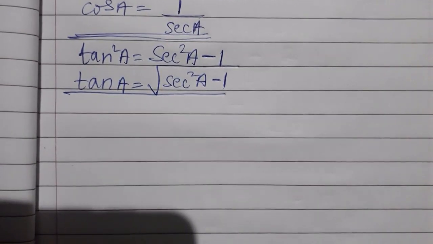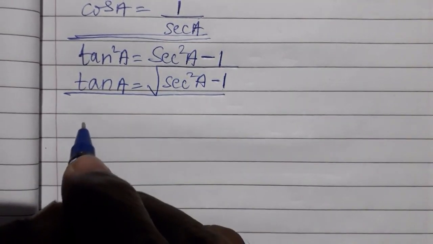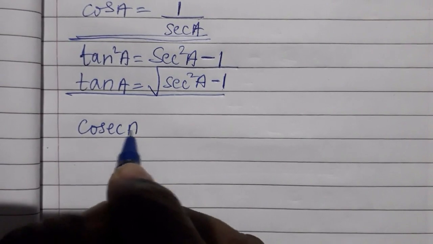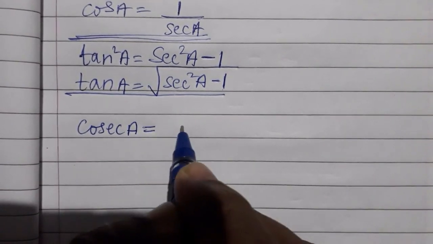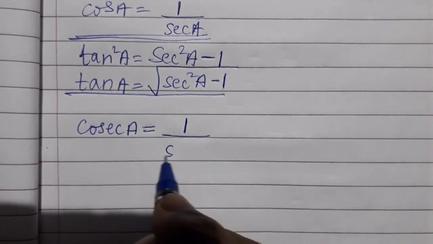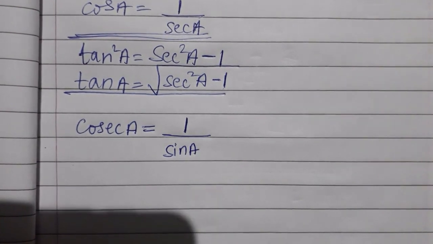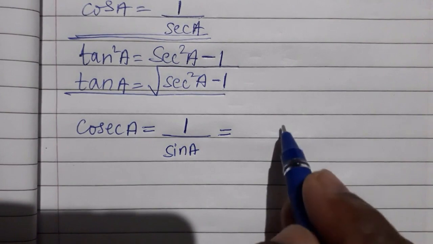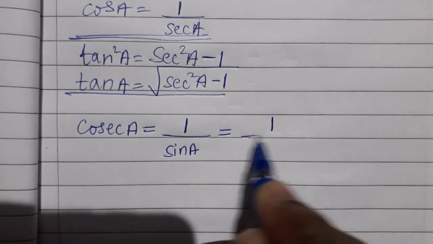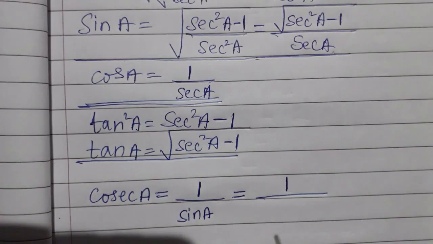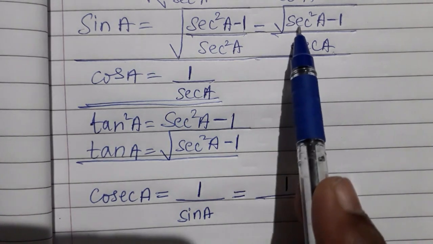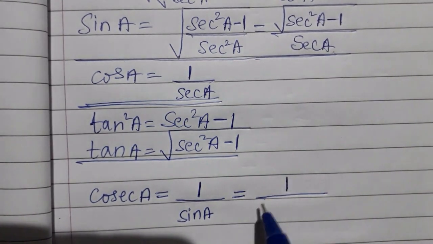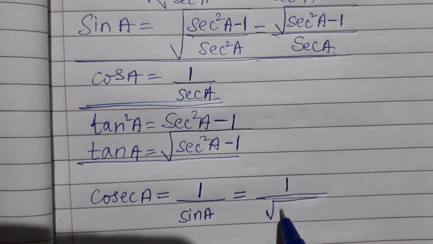Next I want cosecant A. We know that cosecant A is nothing but the reciprocal of sin A. But we have already got the value of sin in terms of secant. Sin A is square root of secant square A minus 1 by secant A. That is what I am writing here.